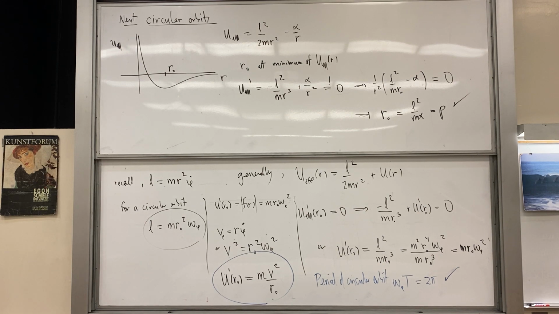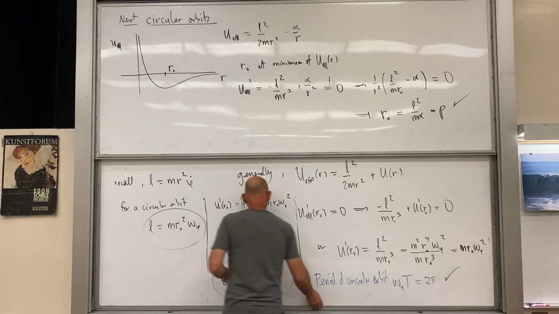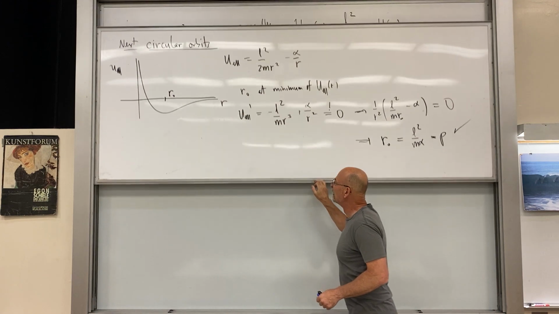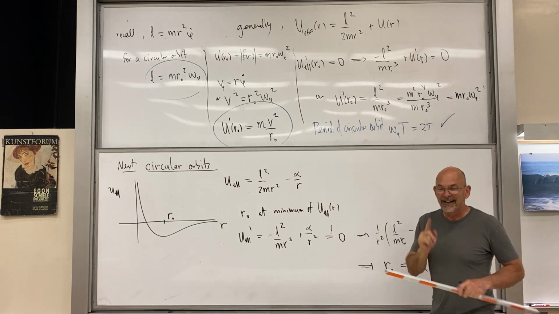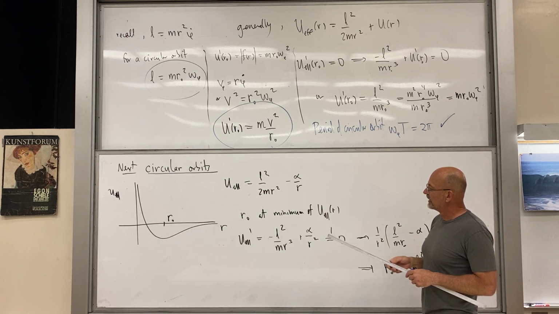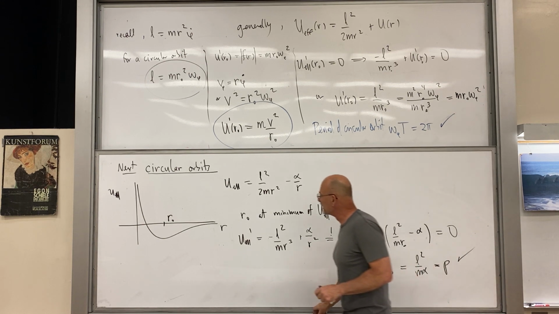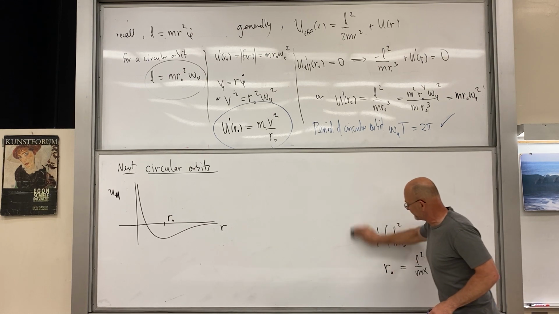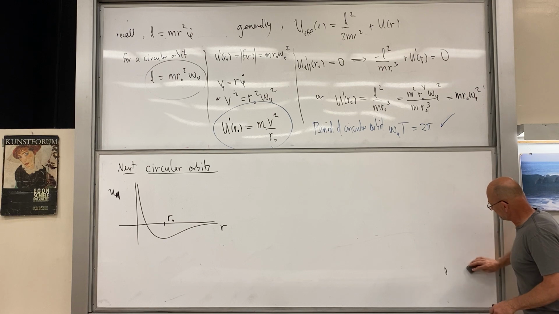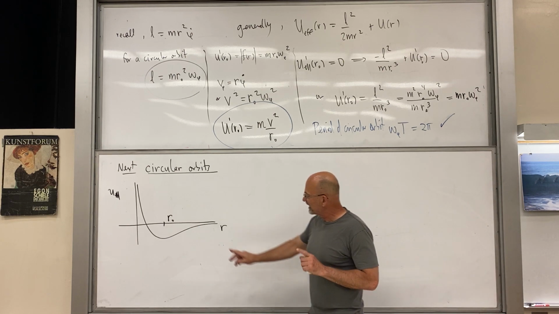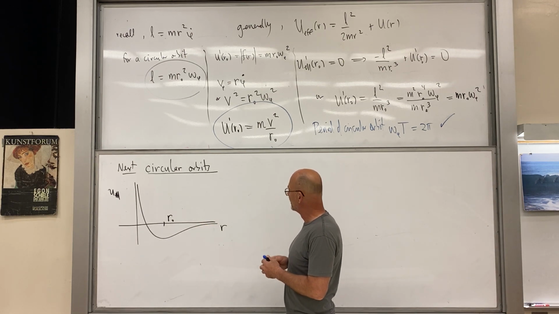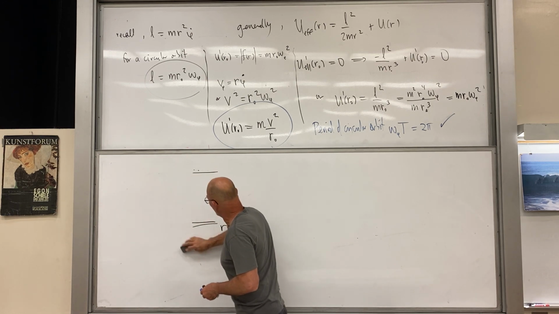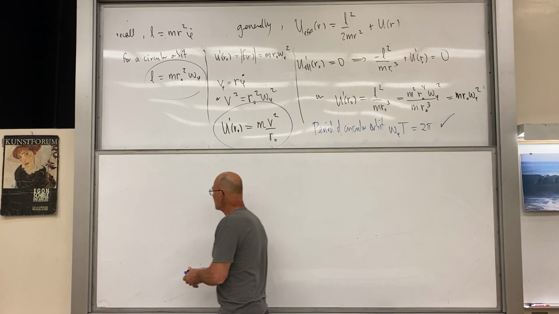So here, I'm just going to say what we're going to do next time. Next time, nearly circular orbits, and let's go ahead and discuss this graph one more time. We're not actually going to have to leave this graph. Just so we have it in our notes, I'll start a new heading with a new little graph.